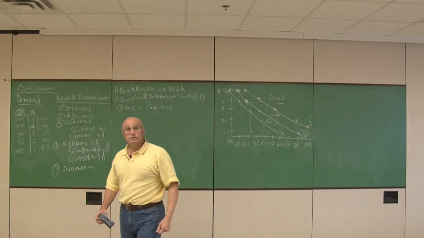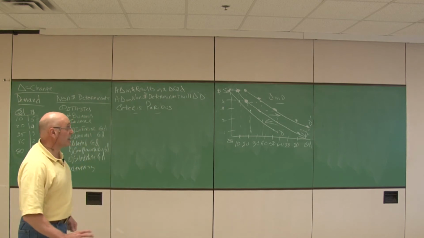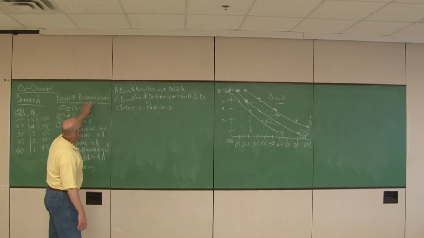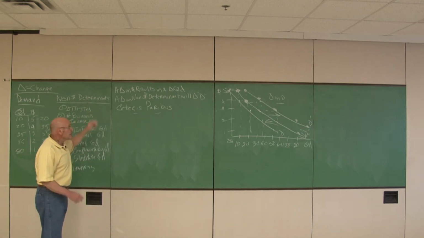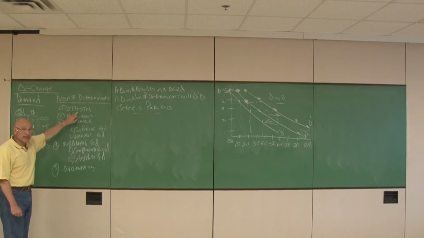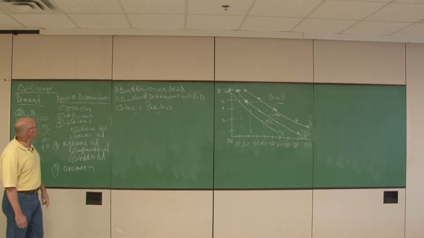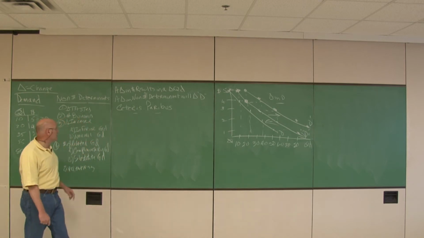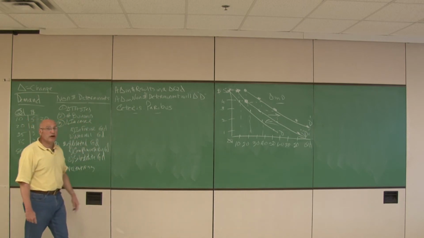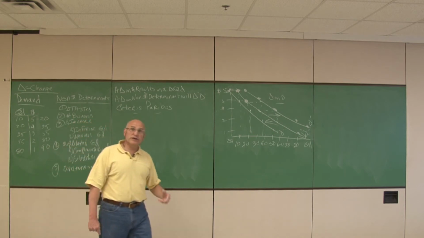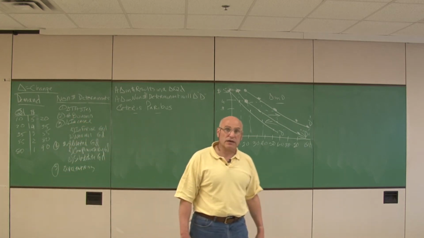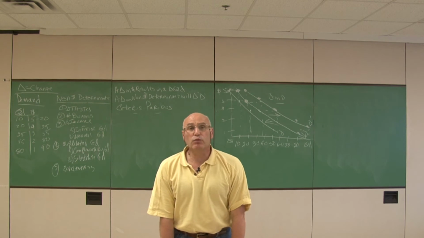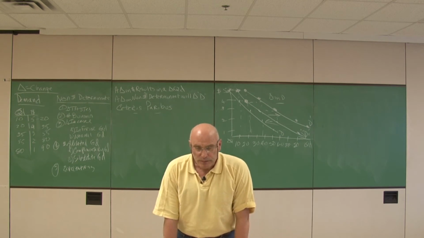Now, what causes my demand curve to decrease or increase are these non-price determinants. They are a change in taste, a change in the number of buyers that we have will increase or decrease our demand curve. A change in our income. And we have two different types of goods when we talk about income. We have inferior goods and we have normal goods.